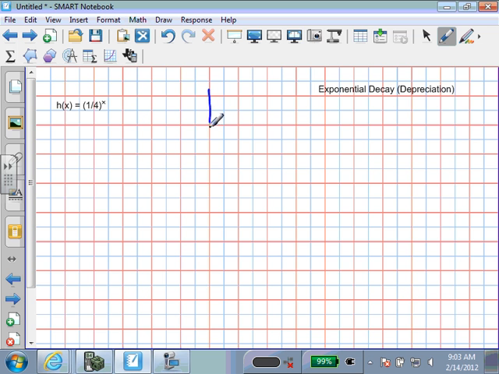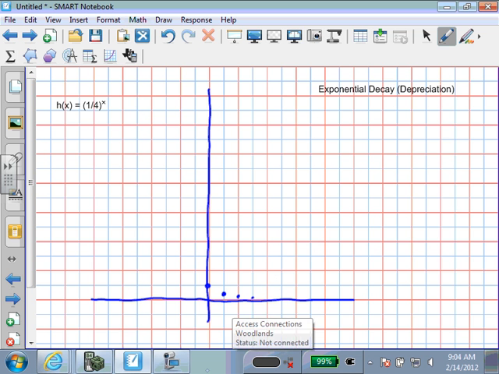If I were to graph this, one-fourth to the 0 power is 1, because anything to the 0 power is 1. 1/4 to the first power is 1/4. 1/4 to the second power is 1/16. 1/4 to the third power is 1/64. So we're getting that sort of losing a value but never becoming nothing.